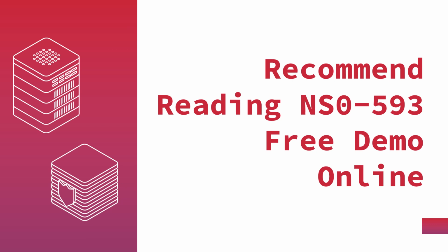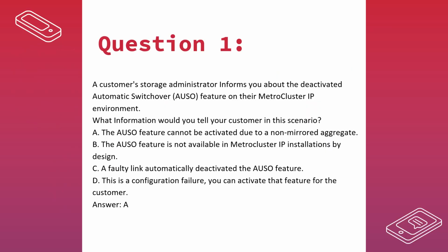1. A customer's storage administrator informs you about the deactivated automatic switchover (AUSO) feature on their MetroCluster IP environment. What information would you tell your customer in this scenario? A. The AUSO feature cannot be activated due to a non-mirrored aggregate.